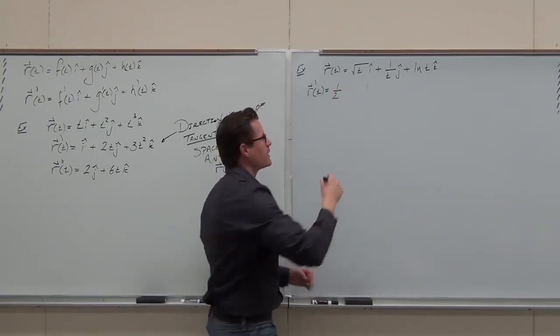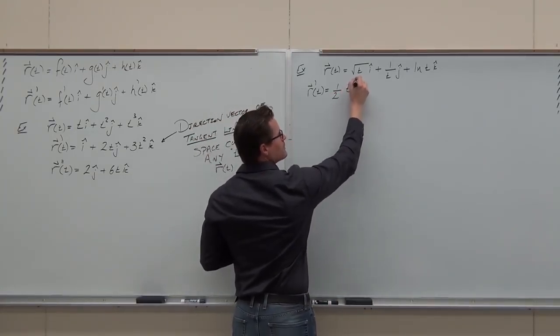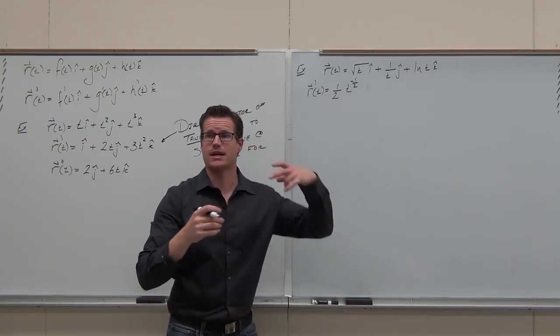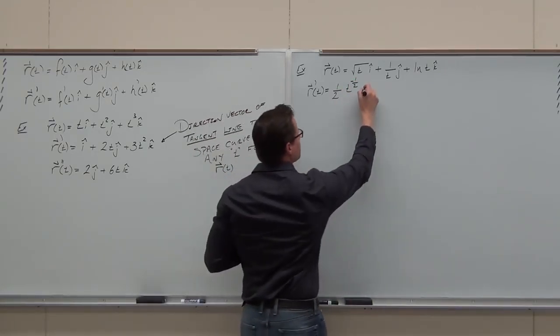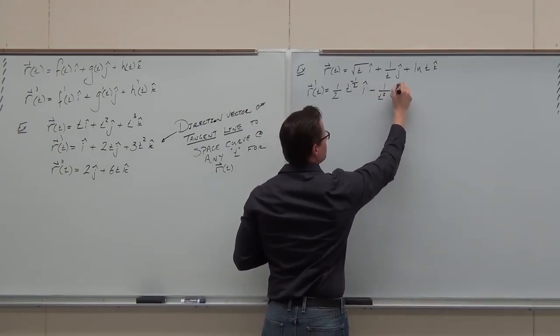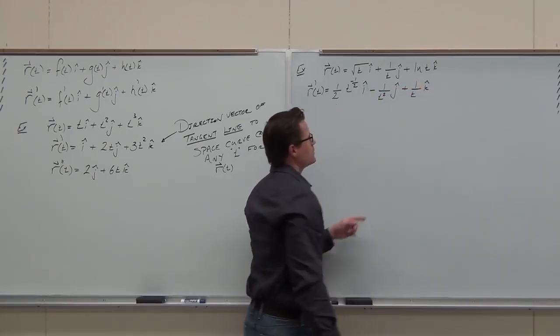You know what? If I know I'm taking a second derivative, I'm probably leaving this as 1/2 t to the negative 1/2, because the second derivative is going to be based on that. And you can do the same thing here.